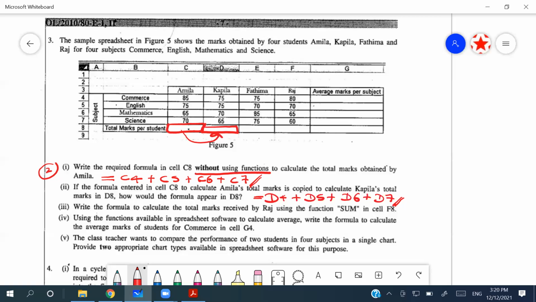Okay. So the third one says write the formula to calculate the total marks received by Raj using function sum, cell F8. F8 means right over here.